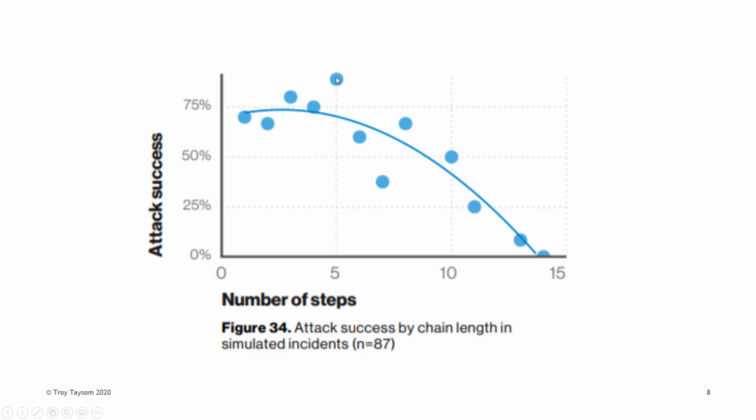You're probably at 80%. And even before you get to 10 steps, 9 out of 13 attacks took 10 or fewer steps to get in. That's why they can get in within minutes. That's not very many.